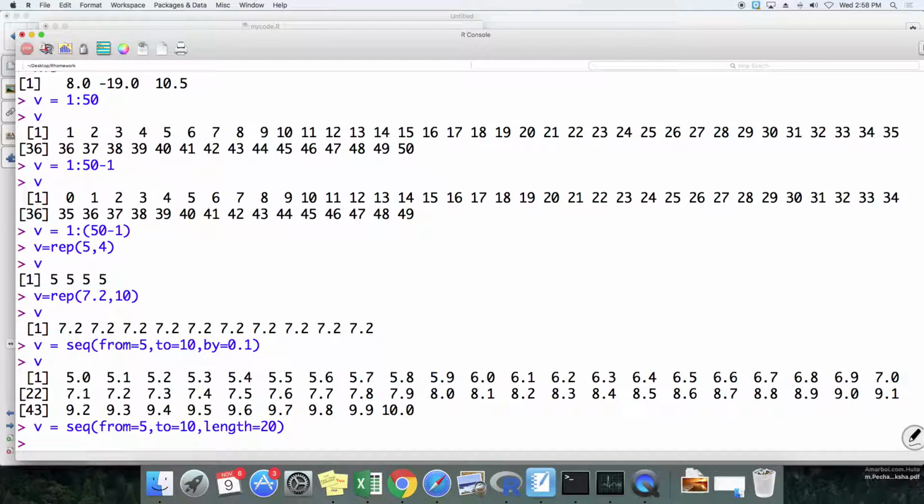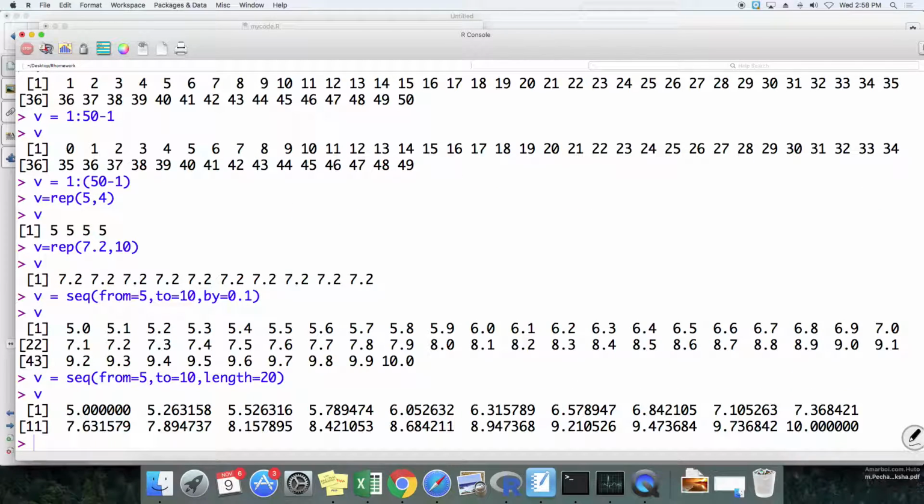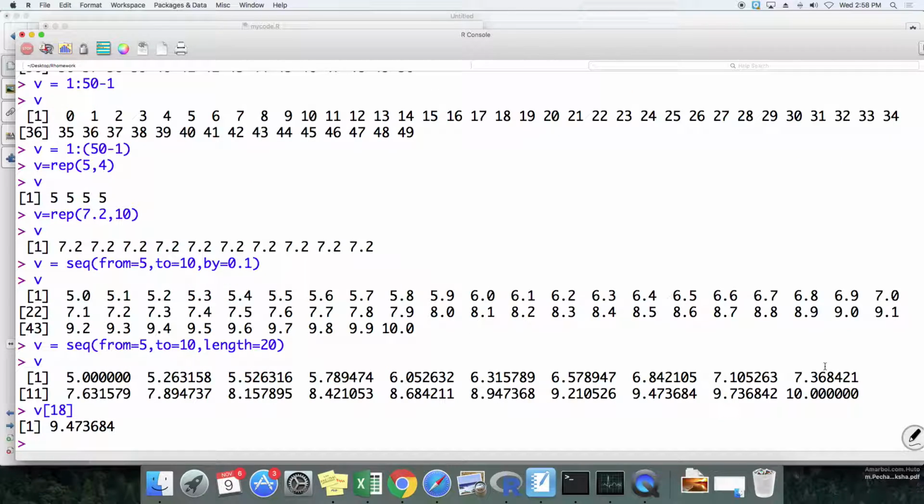Then v is a vector like this. This is the first element, second element, dot dot dot. This is the 20th element. So for example, what's v18? It's this. That's all. So let me again copy these down.